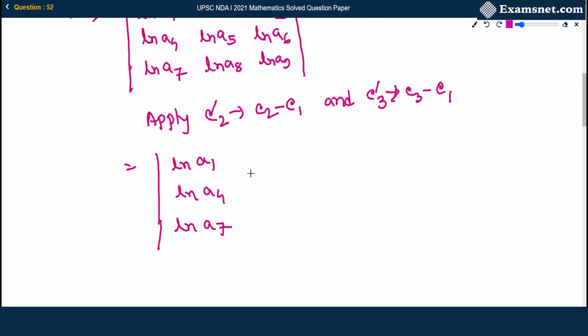So it will become ln A2 minus ln A1, ln A5 minus ln A4, ln A8 minus ln A7.